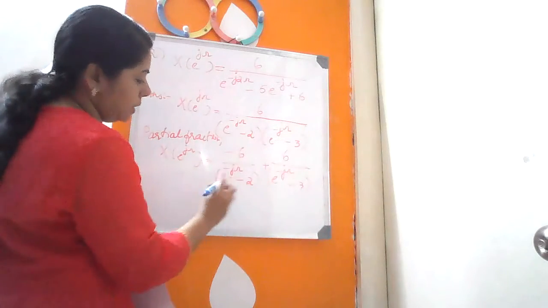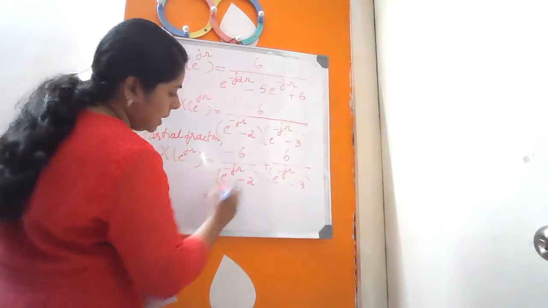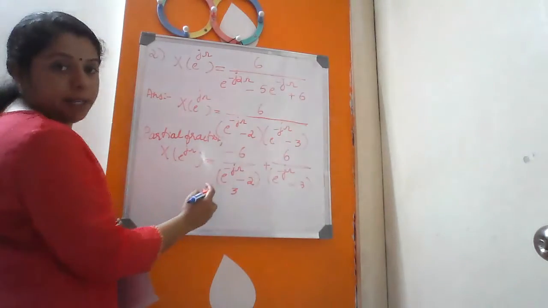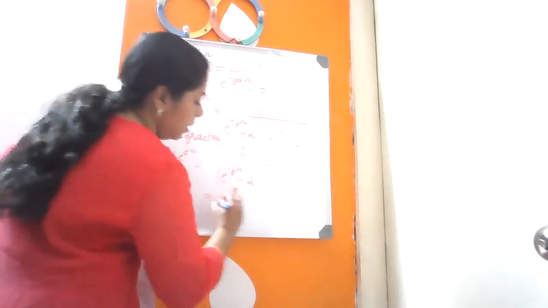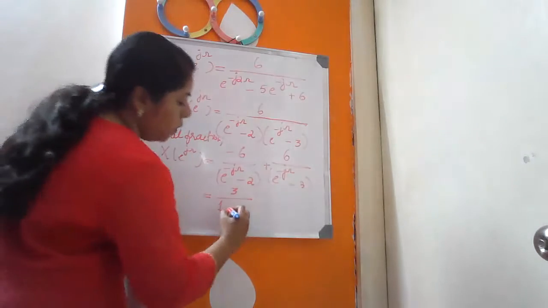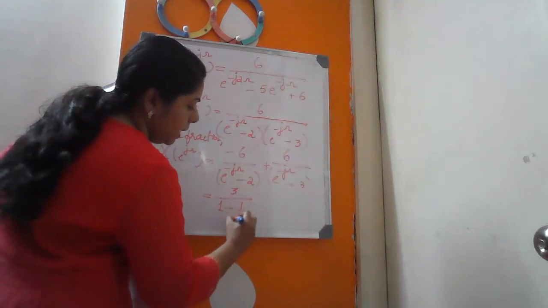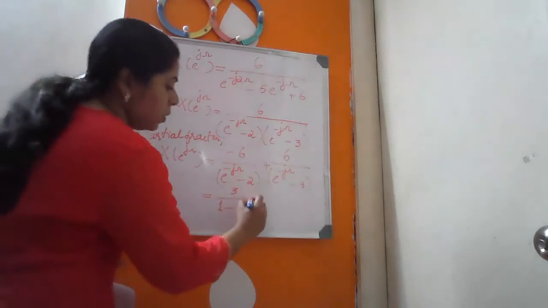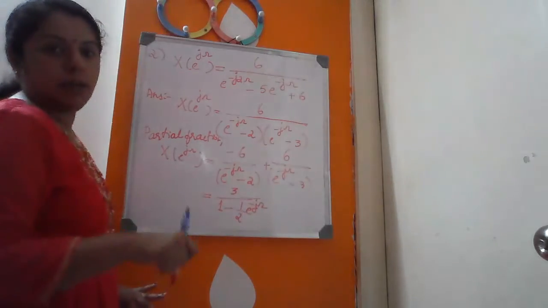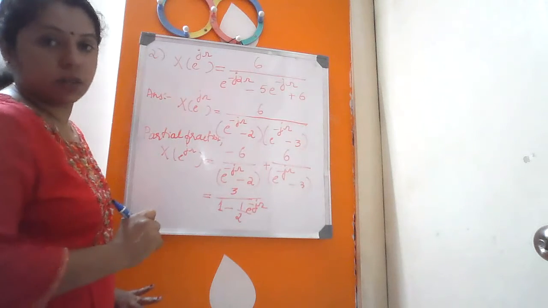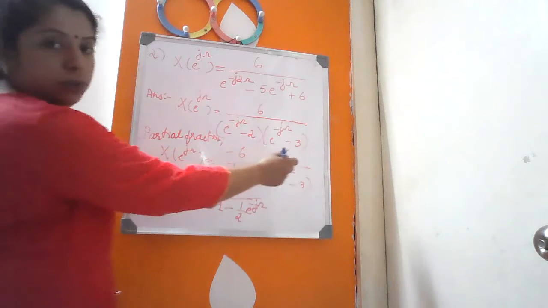If I take minus 2 outside, the numerator will be plus 3, because minus 6 by minus 2 is plus 3, divided by the denominator, which will become 1 minus 1 by 2 e power minus j omega. So the first term I got as 1 by 1 minus alpha e power minus j omega. Similarly, I'm going to do it for the second term.